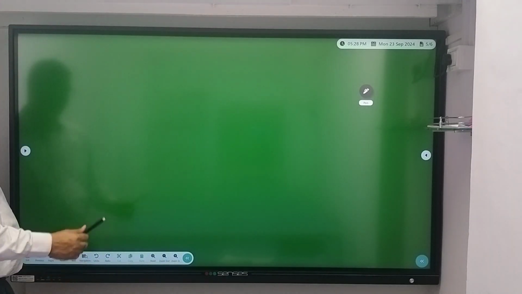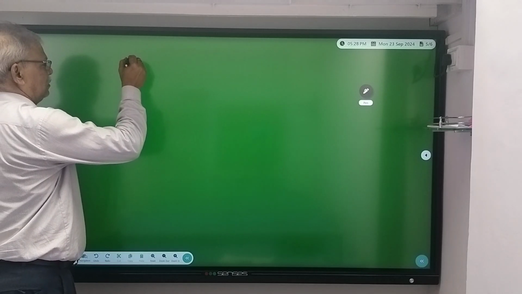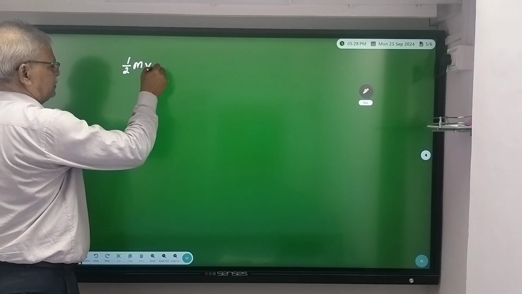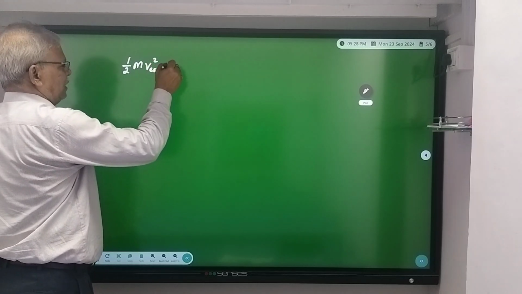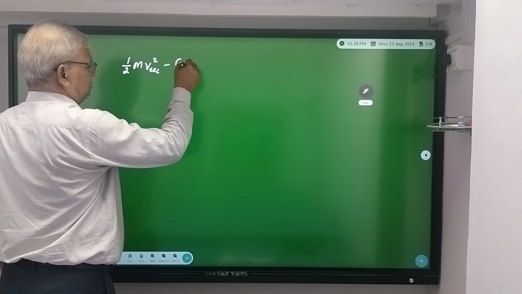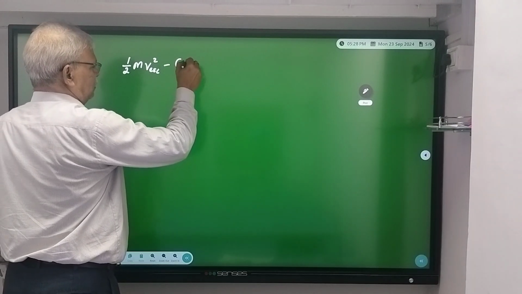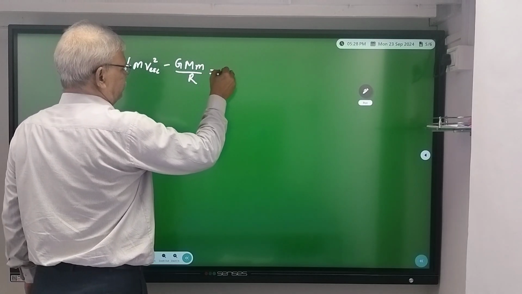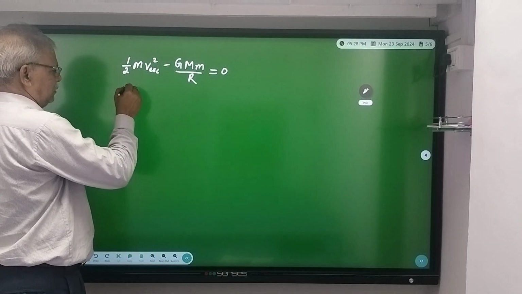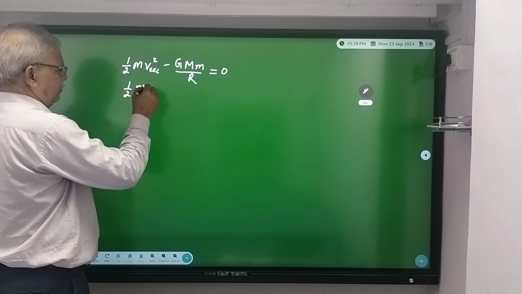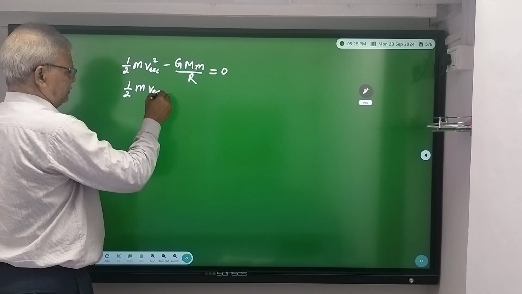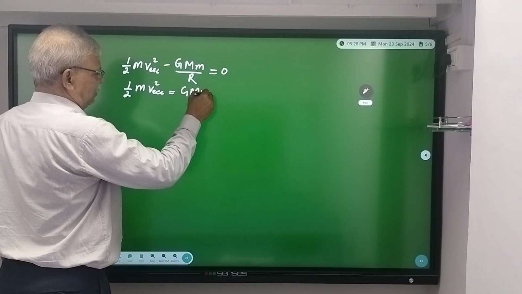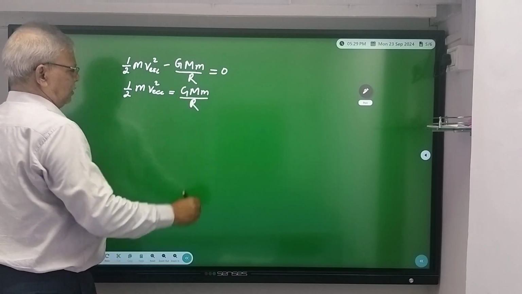as per the law of conservation of energy, E1 should be equal to E2. Therefore, it will be how much? Half m v escape velocity square minus G capital M small m upon r is equal to 0, and you can write half m escape velocity square is equal to G capital M small m upon r.